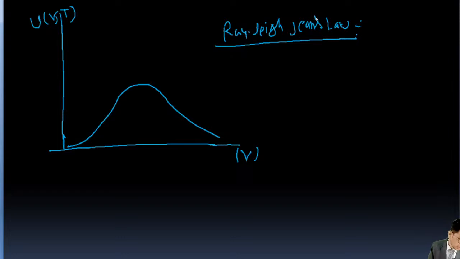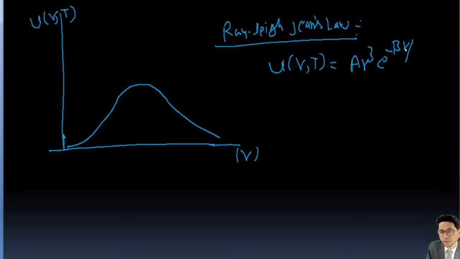Or we can say Rayleigh's energy density distribution. Okay, so this is U, which is a function of nu and T, is a nu cube, where nu is frequency, nu cube e to the power minus beta nu upon T, right?